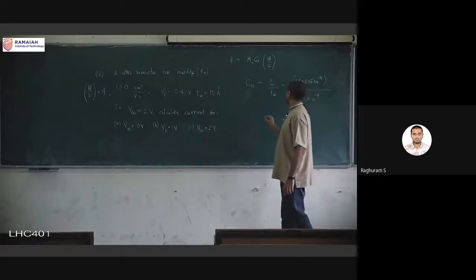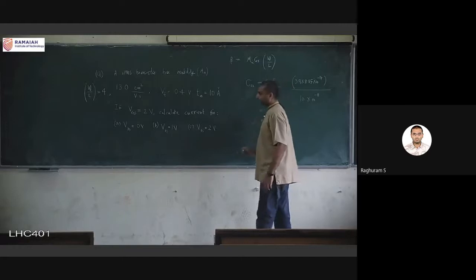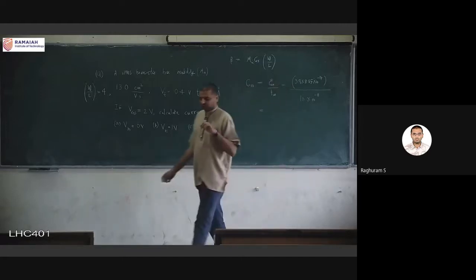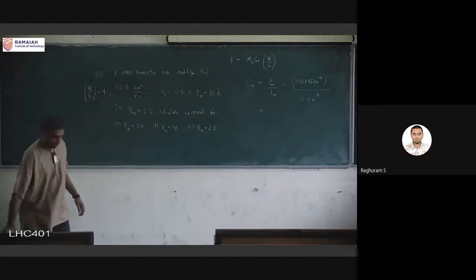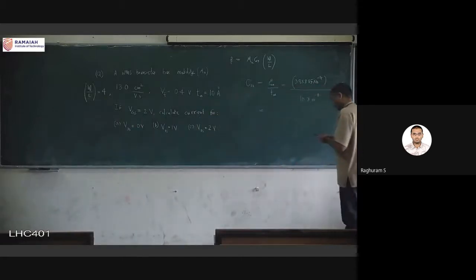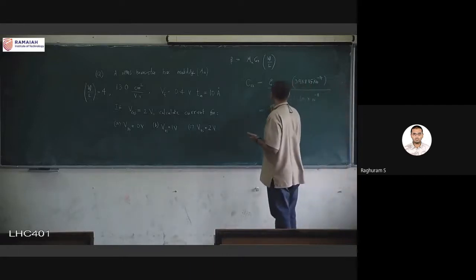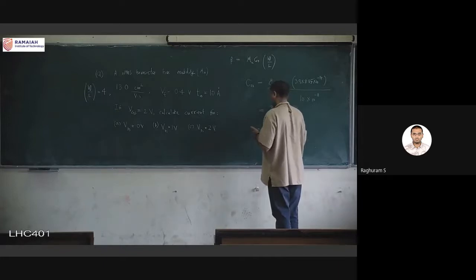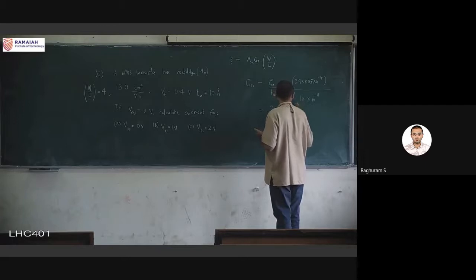So if I calculate this, I will get 3.45 into 10 power minus 6.